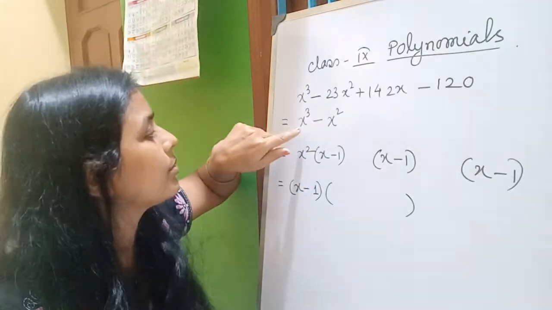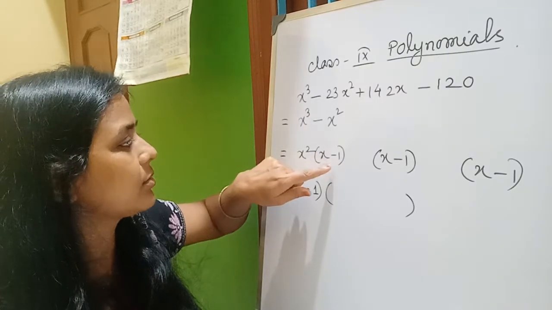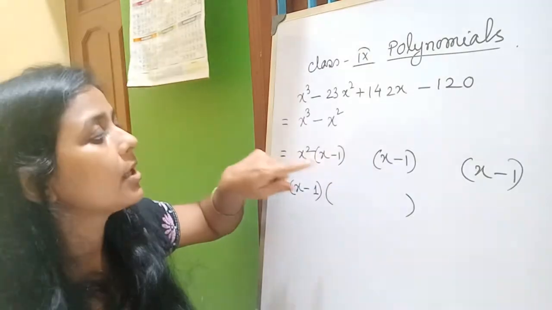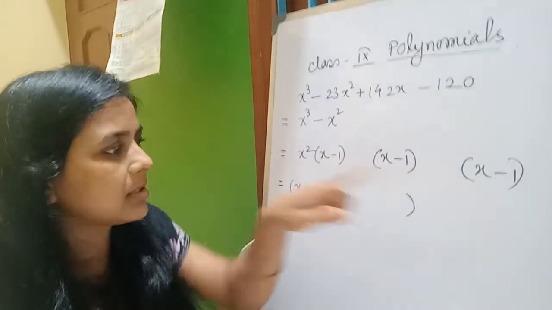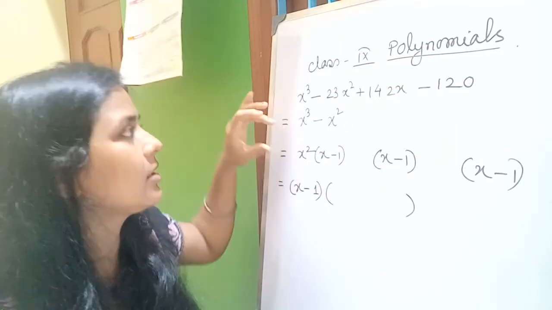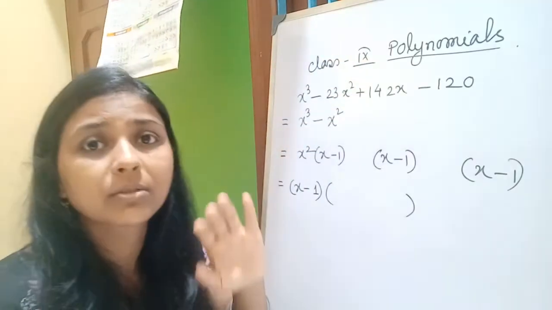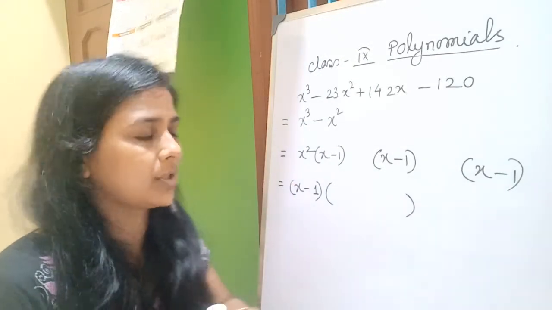We have placed x minus 1 in some gaps and now we are trying to get back to the given question, a backward process.